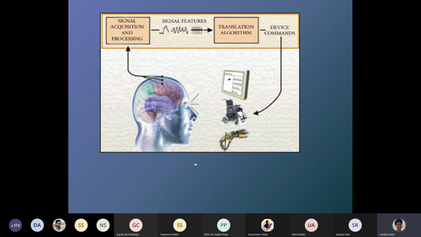So there is an effort in signal acquisition and processing for the brain, and to process the signal to identify its discrete features, and then with the help of AI and machine learning translate it to a command, and the device, say the intelligent prosthetics, will perform the command on behalf of the user.